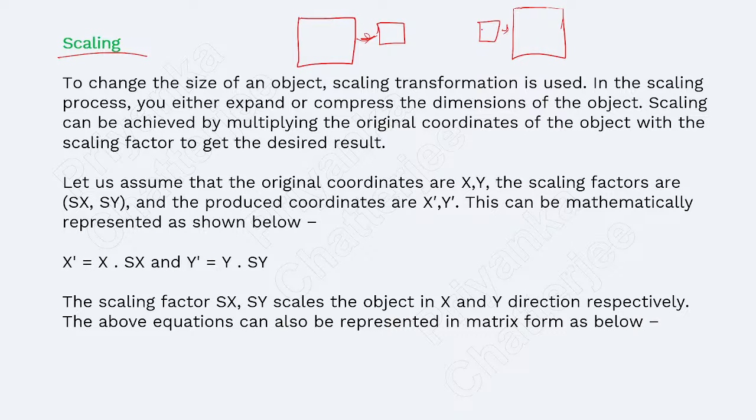So whenever I am changing the size, either I am multiplying with something or I am dividing with something. 2 times enlarge, 3 times enlarge, or half of the size, 1/3 of the size, 1/4 of the size. Like that way we can do.